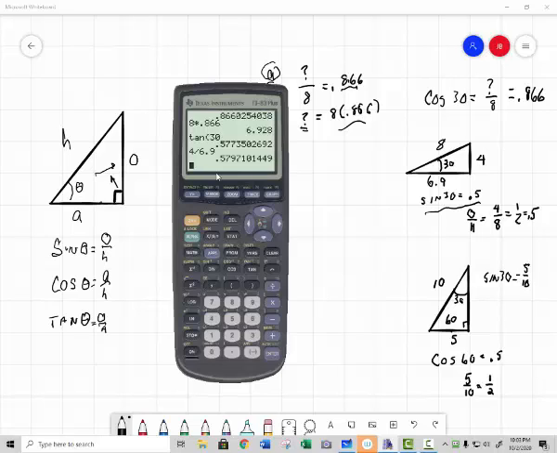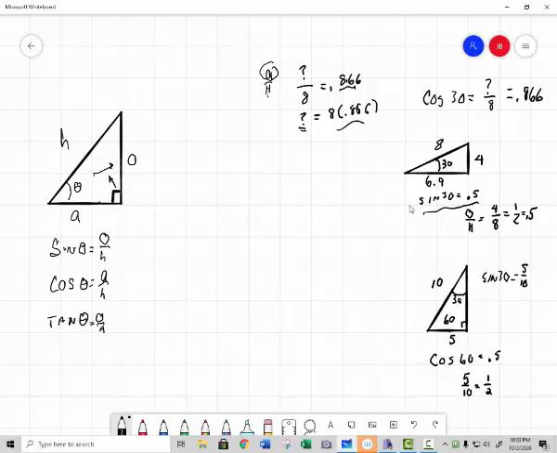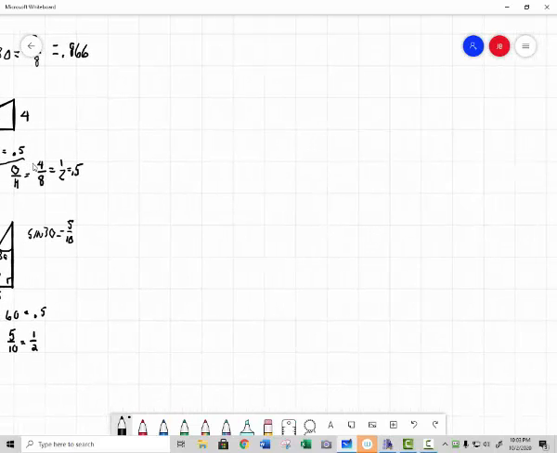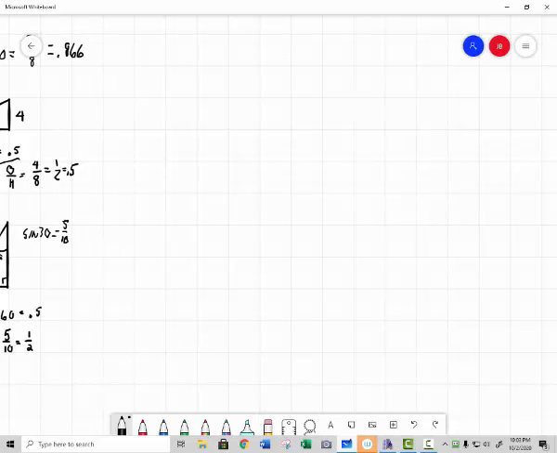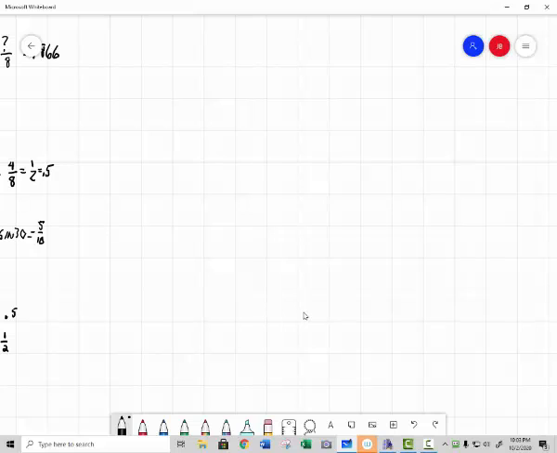Okay, now let's try something else. Let's suppose now that I have my triangle, and let's get a triangle up here. And let's suppose that this is my angle theta. I don't know what it is. But suppose that I know that this is 7 and this is 14.